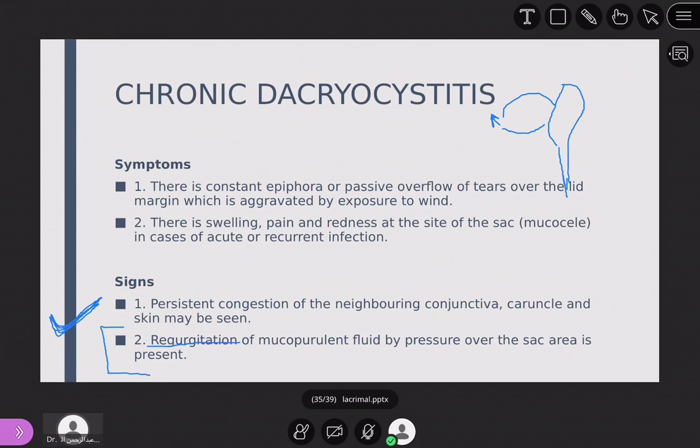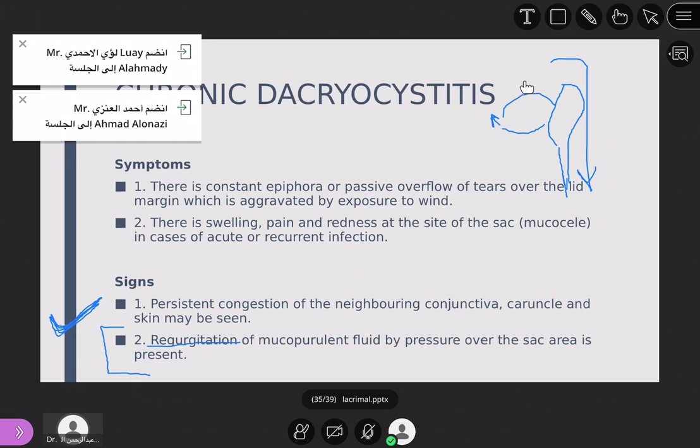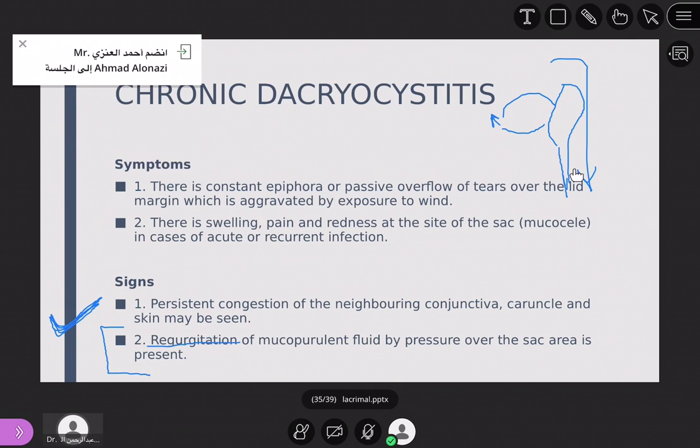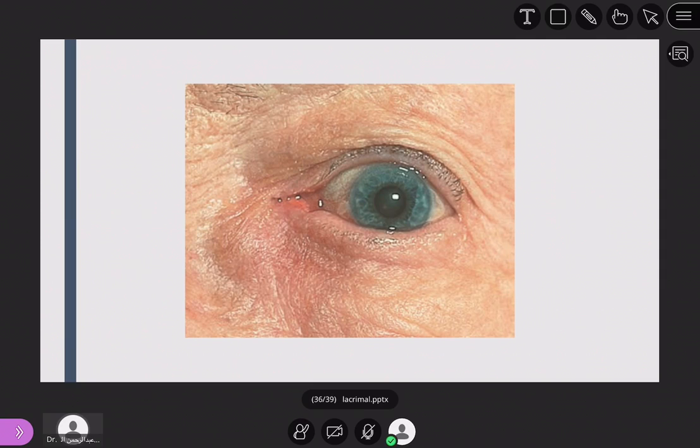Instead of draining this way, because you're putting pressure here, you will just push it out and you will see regurgitation from the puncti. This is the lid, for example. So you will see fluid coming out from the puncta. We can see this in chronic, but not in acute.